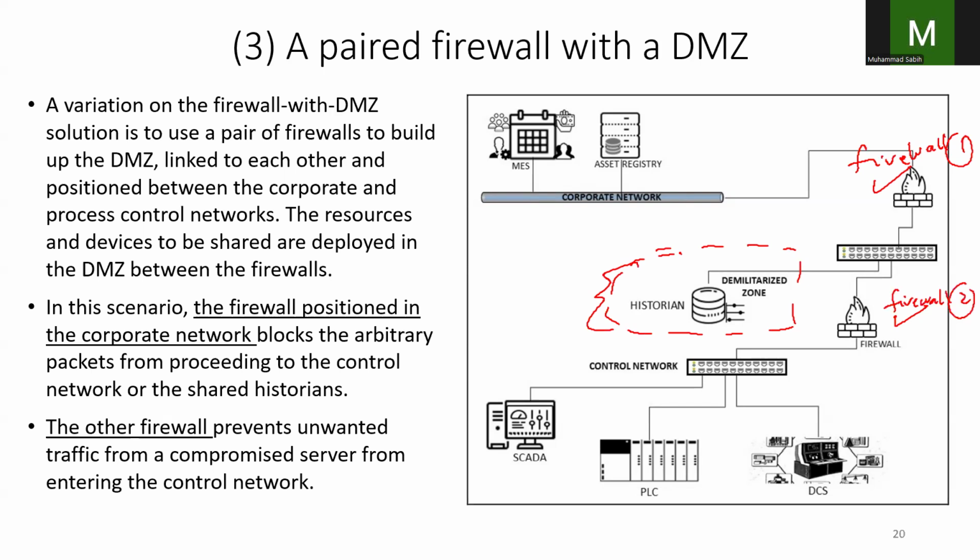One firewall is placed between the corporate network and the demilitarized zone, and it blocks unauthorized traffic from the business side from reaching the control network or shared devices like Historians. The second firewall is placed between the DMZ and the control network. So it ensures that even if the server is compromised, the control network remains protected.